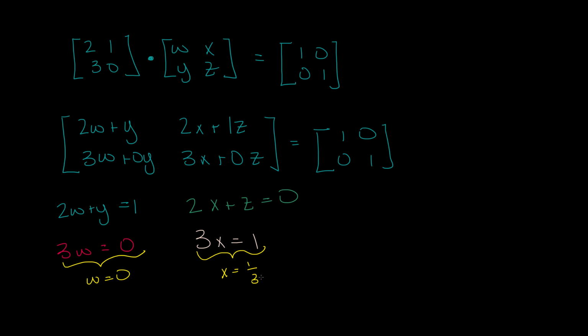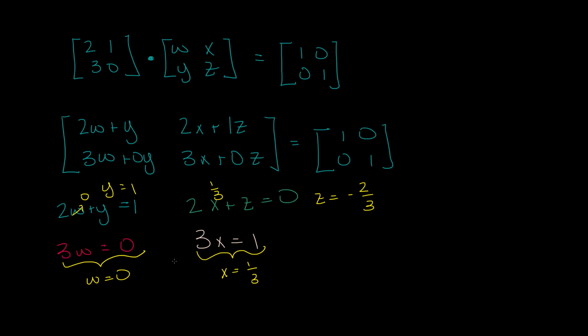Now using this idea, I know that W is 0, which means Y is going to be equal to 1. And X is 1/3, so 2 times 1/3 is 2/3, so Z is going to equal -2/3. All I'm doing here is just solving for each of the variables.